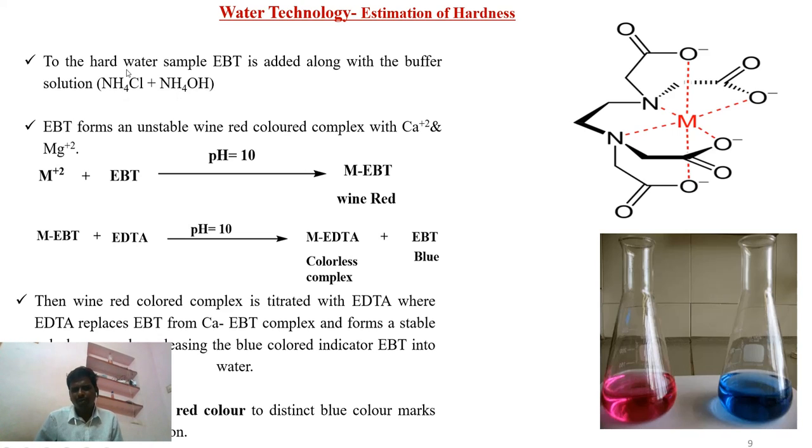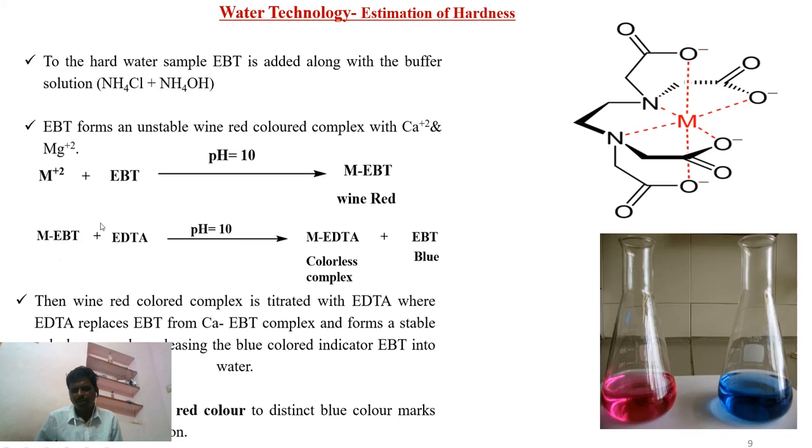So now the hard water forms a complex with EBT, that means wine red color. That means the metal, magnesium or calcium ion present in the water, can form a complex with EBT that is wine red in color. After that we have to titrate with EDTA. While titrating, the metal EDTA complex will be formed. That means the metal EBT complex will be decomposed.